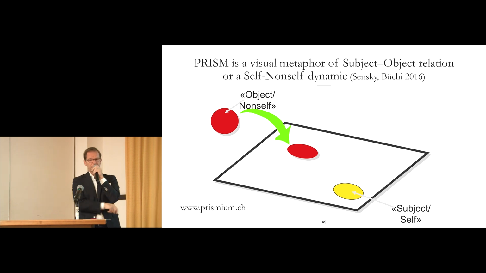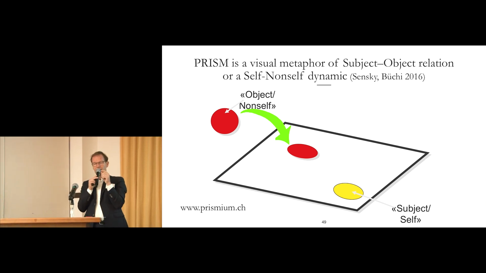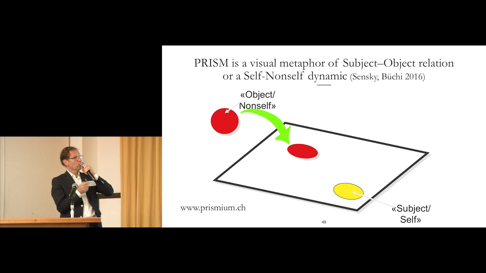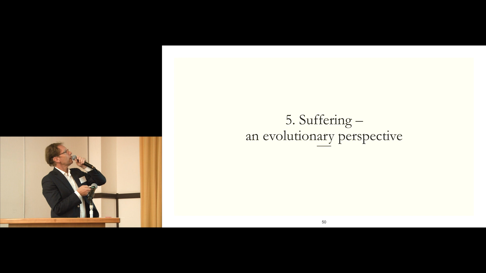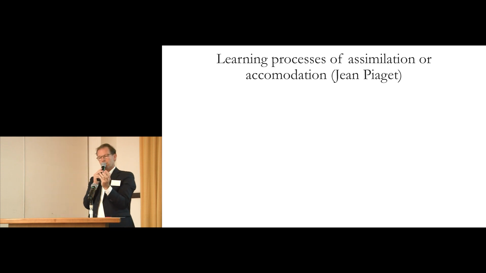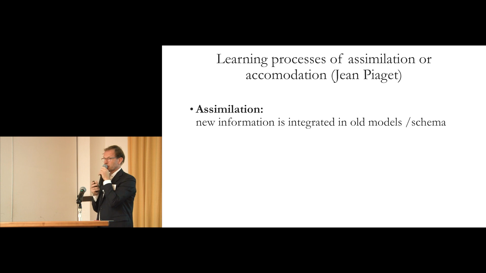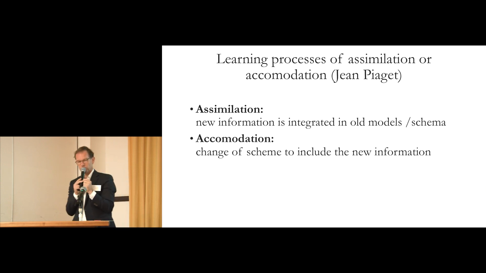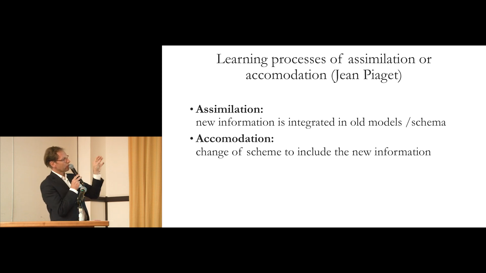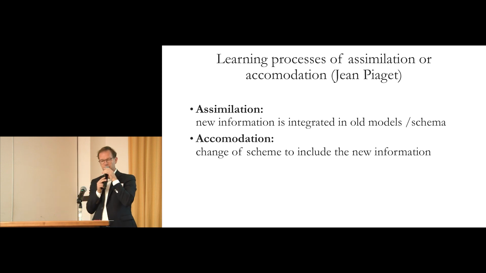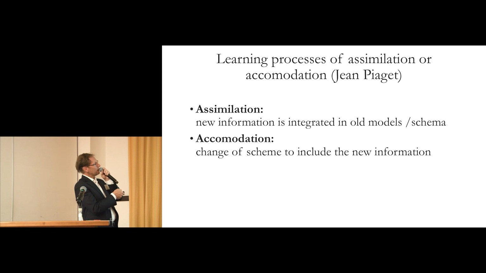When we discussed these processes of suffering, we thought it's a learning process which can be seen in suffering, integrating the theory of Piaget, who describes two forms of learning. One is the assimilation, that you have new information which can be integrated in old structures, and you have a second, which is accommodation. This means you have to change basic structures to include the new information. We thought that surely suffering is a learning process which has to do with accommodation.